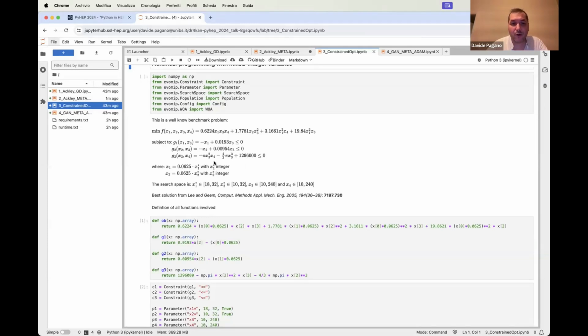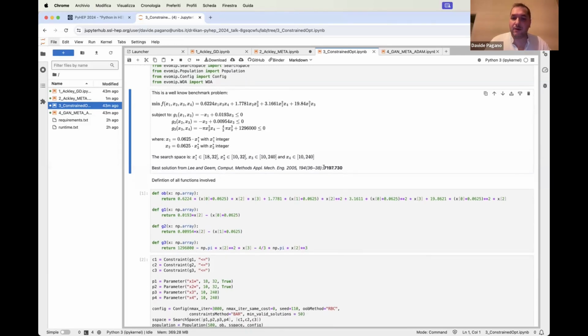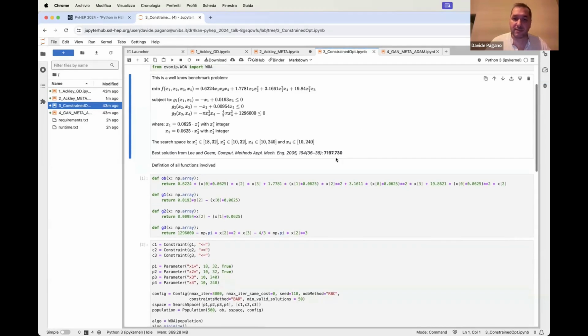This is a complex problem also because the variables x1 and x2 are basically the product of this term here, 0.0625, times another variable, x1 star, where x1 star is an integer. The best value for this problem comes from literature, Lee and Gim, and this is the value.